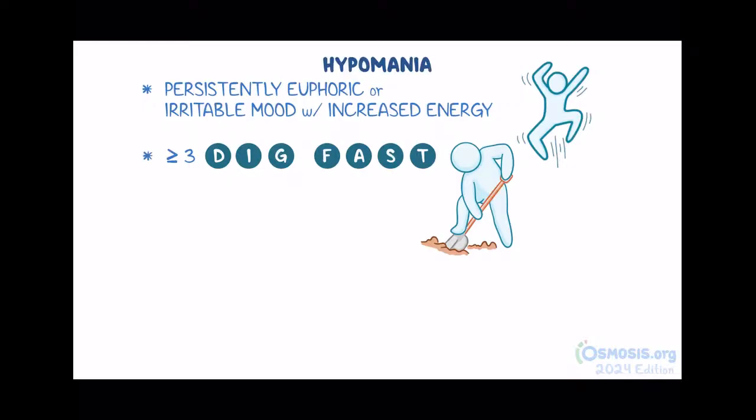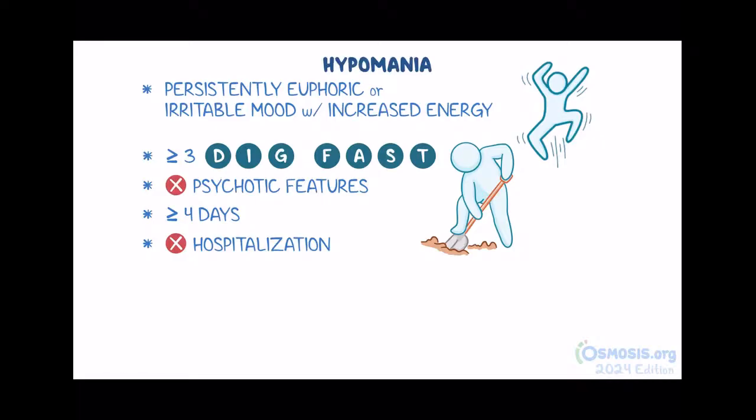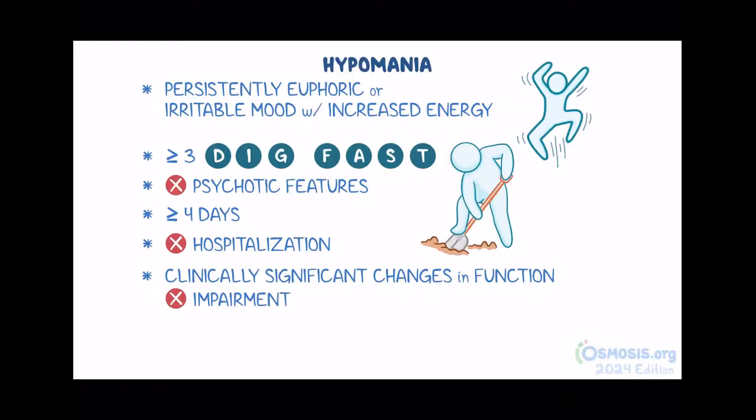But in contrast to manic episodes, hypomanic episodes are not associated with psychotic features. Next, the hypomanic episode must last at least 4 days and should not require hospitalization. Finally, symptoms must cause clinically significant changes in function, but they cannot be severe enough to cause impairment.